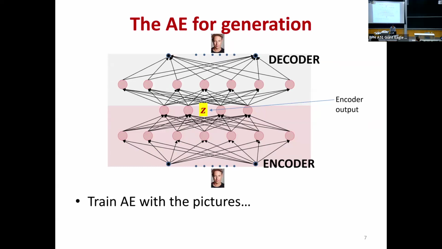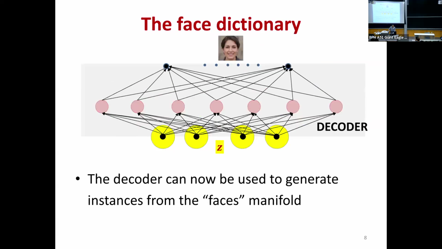And subsequently, if I just use the decoder of the autoencoder and excited it with any odd input, what it would generate would look like valid images of, say, faces, if that's what I trained the autoencoder on. So this would be a hypothesis.